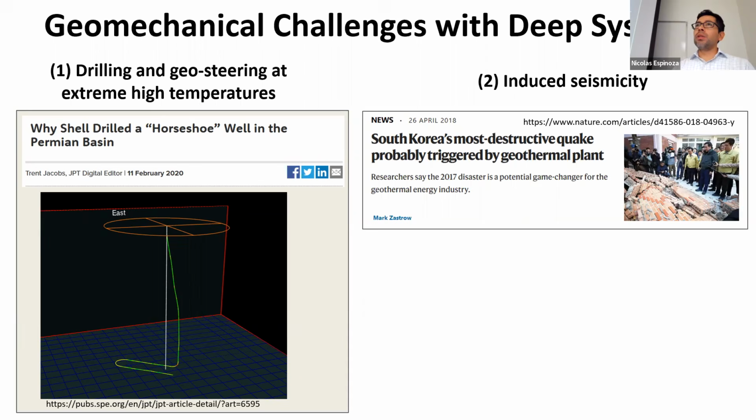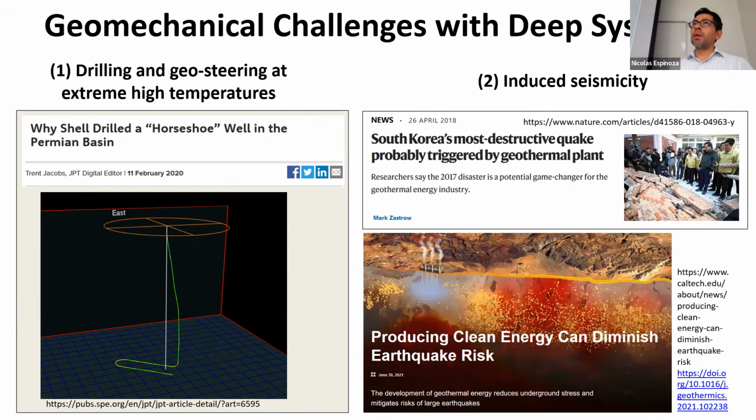As we were saying before, induced seismicity is also a big concern. For example, in Korea, after 2 years of operation, they saw a major earthquake close to a geothermal power plant, and that stopped everything. We don't want that to happen. In some other places, however, it appears that lowering the temperature in a reservoir can help release the elastic energy of tectonic plates.